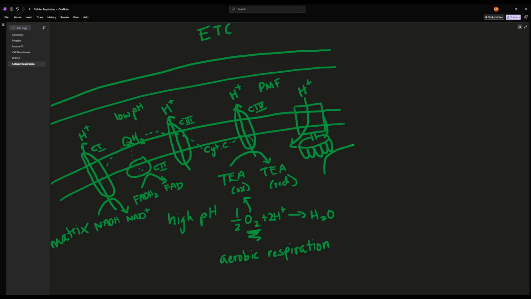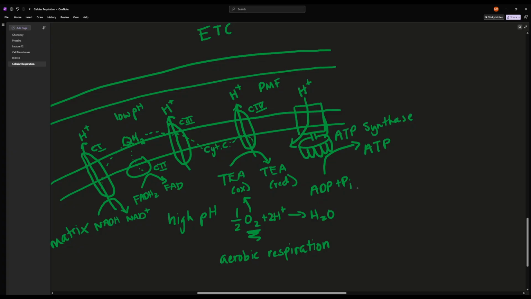And as the protons go down their concentration gradient and release free energy, ATP synthase is going to couple that to the formation of ATP from ADP and P sub I. This protons going down its concentration gradient is known as oxidative. Not oxidative. It is known as chemiosmosis. What the? I don't know what's happening.